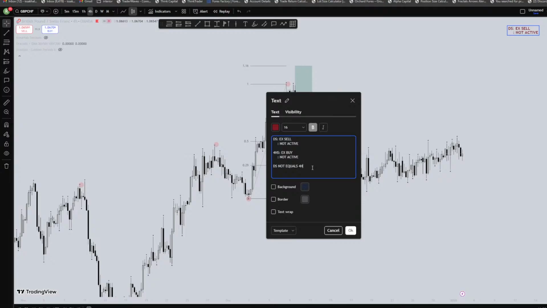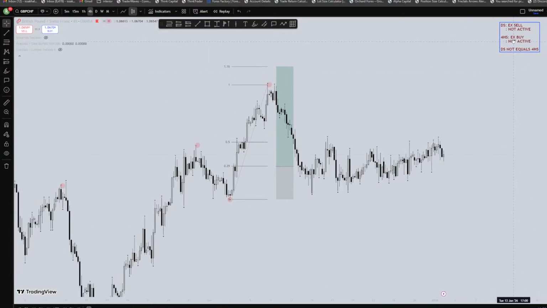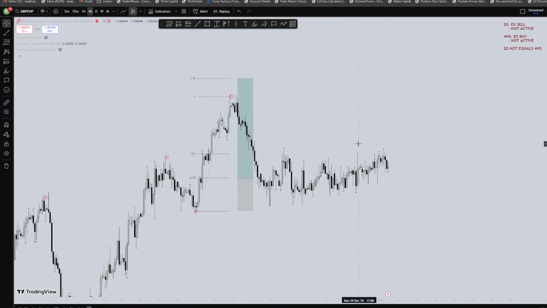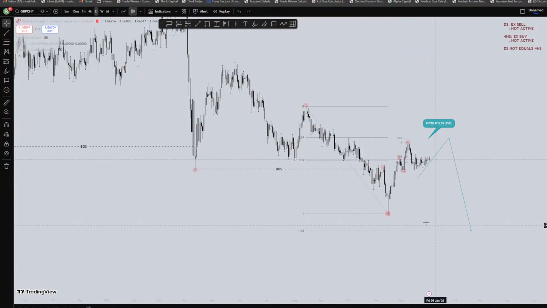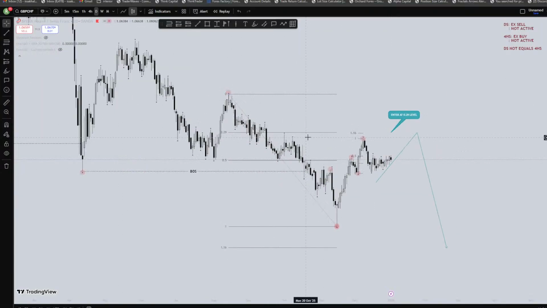Not equals. So they are basically not inline indices, they're all external. It causes a problem, so you need to be careful. You need to be careful on how to trade this. But you can, because on the daily we are waiting for price to come back higher.